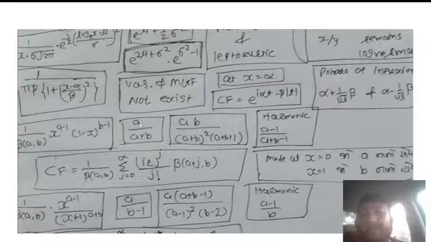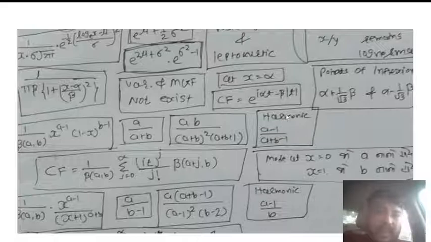So the mean of the beta first kind distribution is a upon a plus b. The variance of the beta first kind distribution is a into b upon (a plus b) whole square into (a plus b plus 1). Now the harmonic mean. One more weird thing to remember is the harmonic mean.